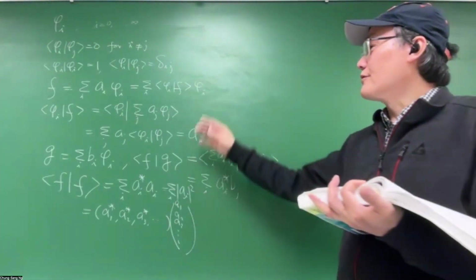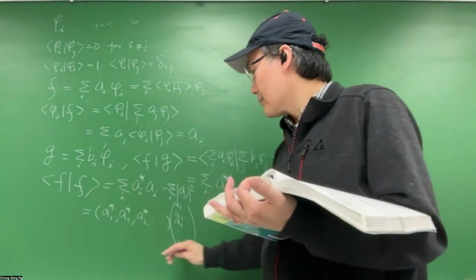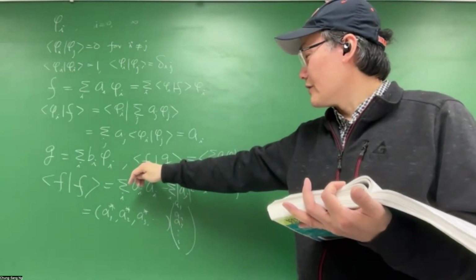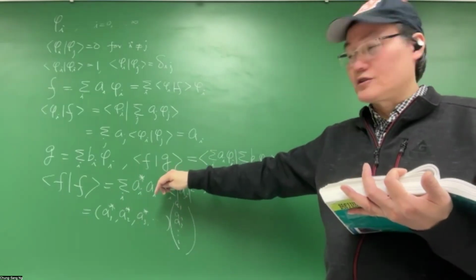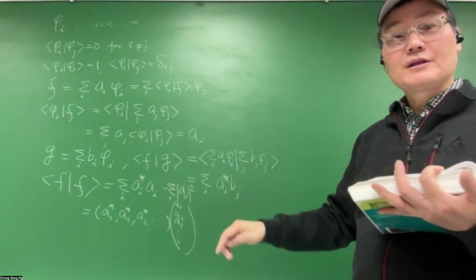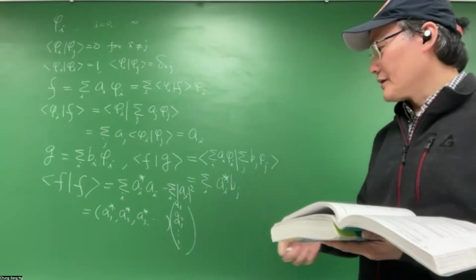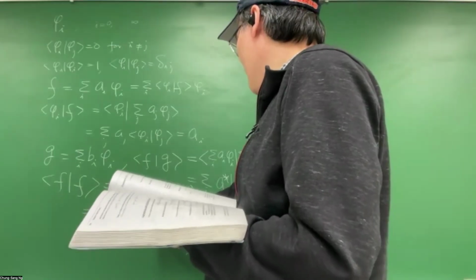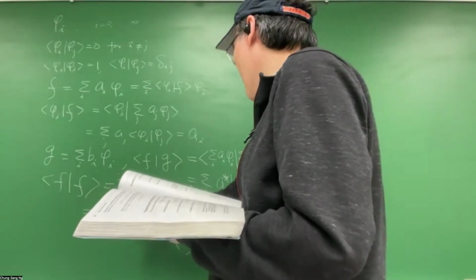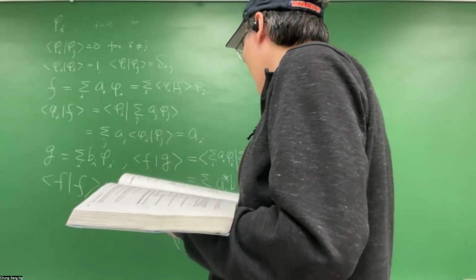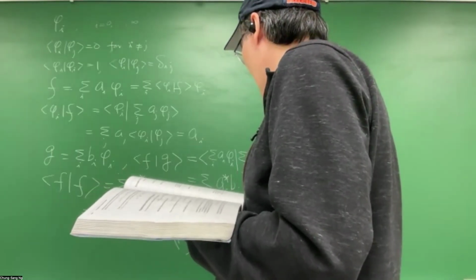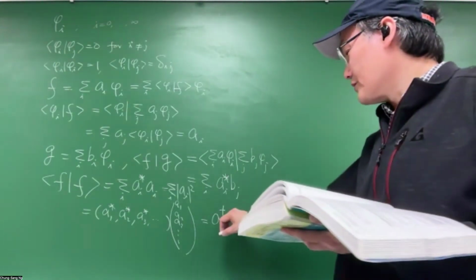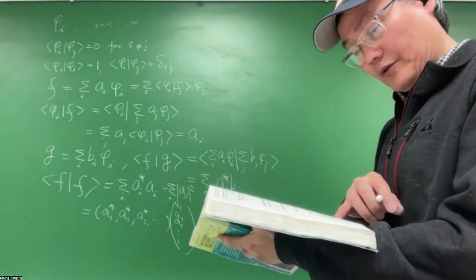Once you define the basis, this product is like a row vector of F multiplied by a column vector G, which gives you this result. And there's a name for that. If you like to write it in vector or matrix form, this is called the complex conjugate transpose, or Hermitian.